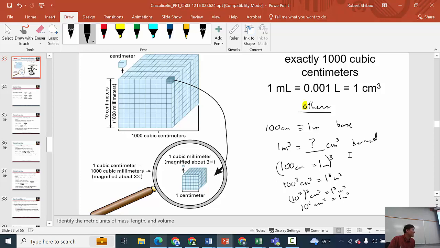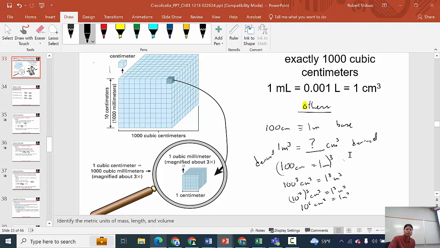So there's 1 million cubic centimeters in a cubic meter. So if I did a cubic meter here, I'd have 1 million of these little boxes in there. So this is derived. This can make it more challenging, because sometimes you know the base, but you have to figure out the derived.